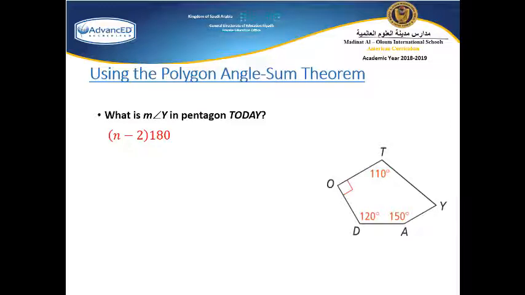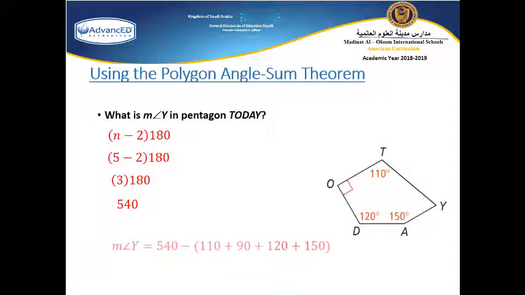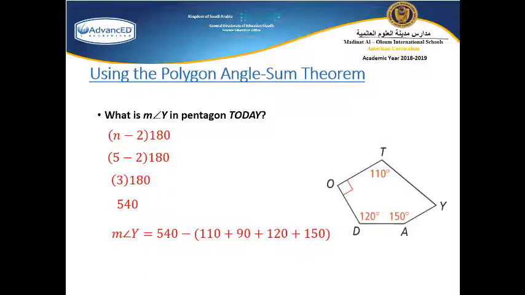We have 5 sides, then 5 minus 2 times 180, then 3 times 180 equals 540. So the sum of the measures of the interior angles of the pentagon is 540. Then we can find the fifth angle. Here we have 4 given angles. Then the measure of angle y equals 540 minus the sum of the given angles. Then the measure of angle y equals 70.